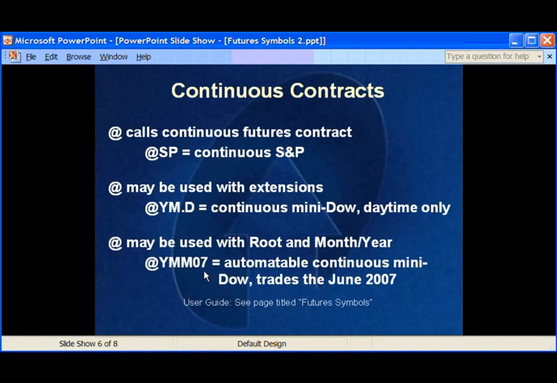One of the advantages of using an automatable continuous, I guess those are the two advantages, automatable and continuous. The continuous aspect means that even at rollover, I've got historical data because I'm working with a continuous. One of the issues at rollover, and if you want to think in terms of the quarterly financials like mini Dows or S&Ps, rollover time every quarter.